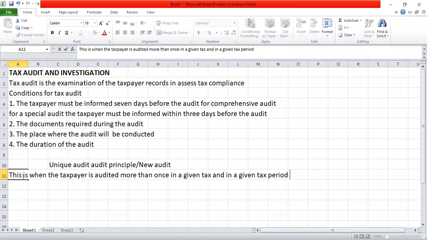The taxpayer is audited more than once in a given tax and in a given tax period. That's what we call a unique audit principle, or sometimes we call it a new audit.